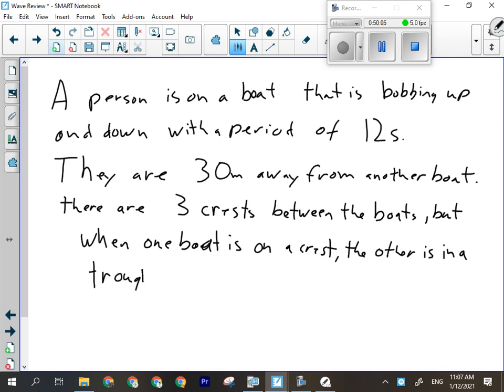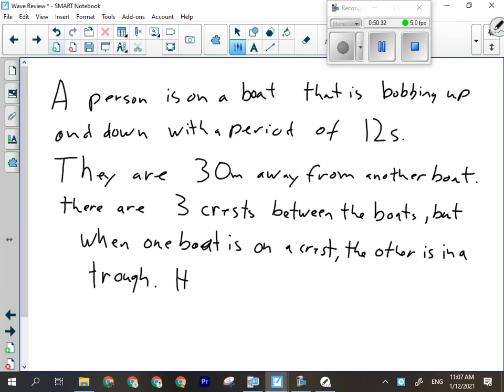Well, this is going to be a good one. Trough. Doesn't it look right either way? It's not right. In a true trough. Okay.